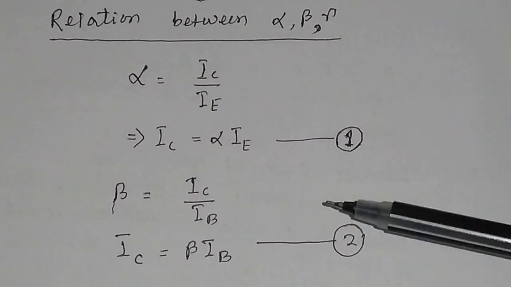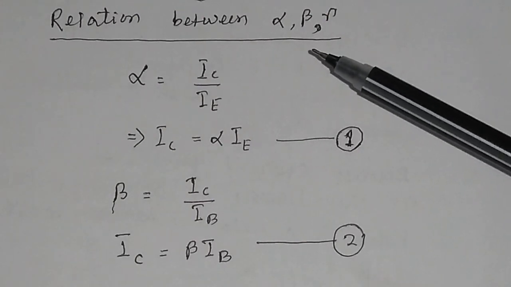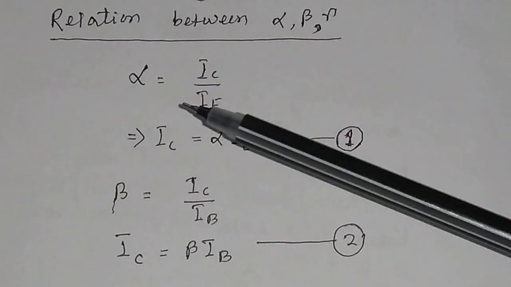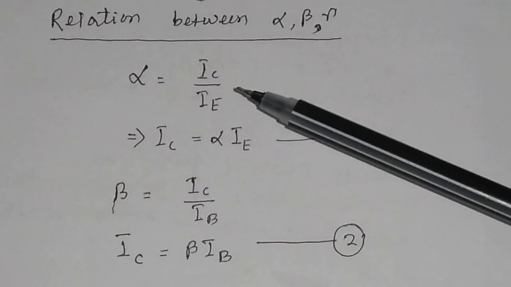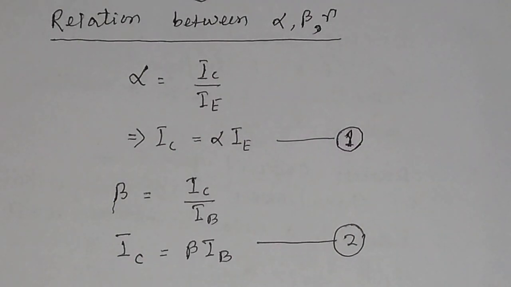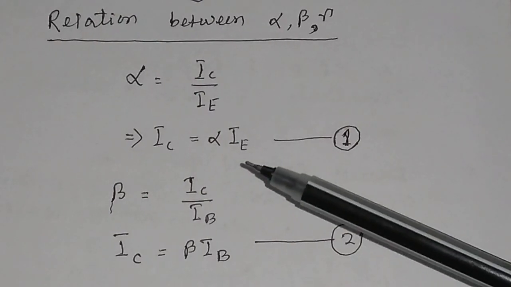Now we'll find out the relation between alpha, beta and gamma. First we discuss the relation between alpha and beta. We know current gain in common base configuration alpha is equal to delta IC divided by delta IE. So delta IC will be equal to alpha into IE.